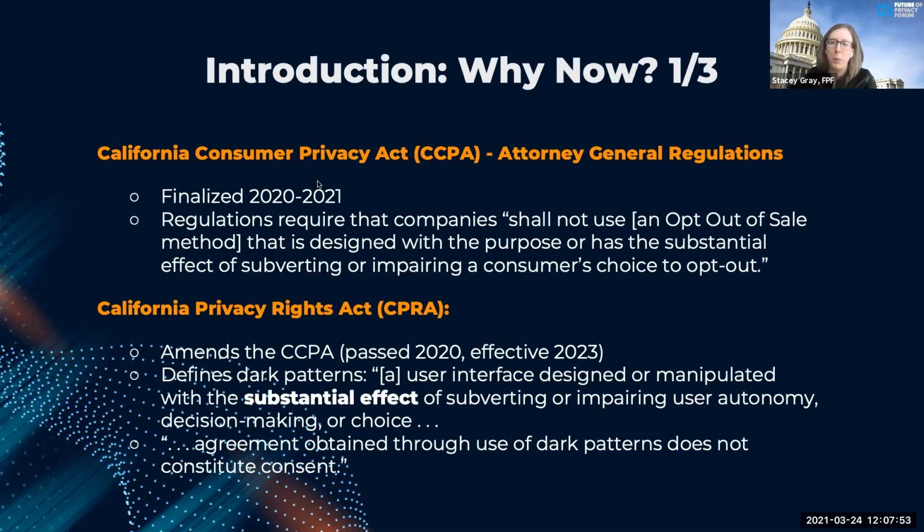The regulations passed by the Attorney General in California under the CCPA actually have a narrow requirement that dark patterns not be employed in the California opt-out of sale method that companies are required to provide. So opt-out methods that are designed with the purpose or substantial effect of subverting or impairing a consumer's choice to opt out are prohibited under the Attorney General regulations.